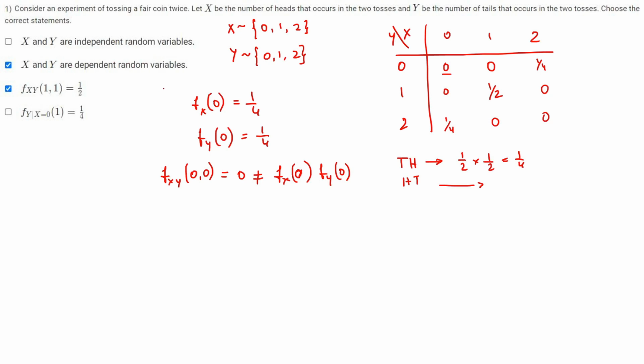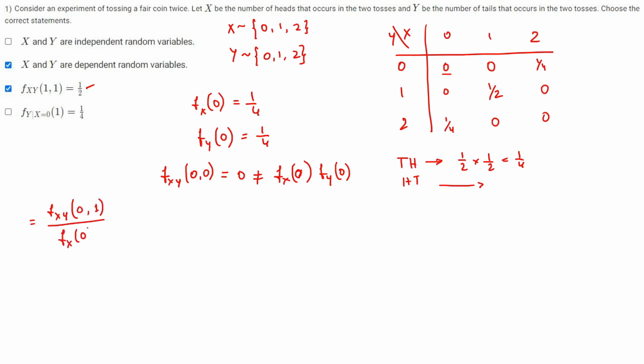So now what is fxy of 1 comma 1? Fxy of 1 comma 1 is 1 by 2. Yes, that is true. Now what is fy given x equal to 0 of 1 is equal to 1 by 4? How can we check that? Just write down, we can write this expression as fxy of x is 0, y is 1 divided by, what is the condition?